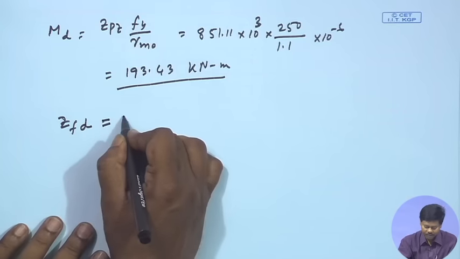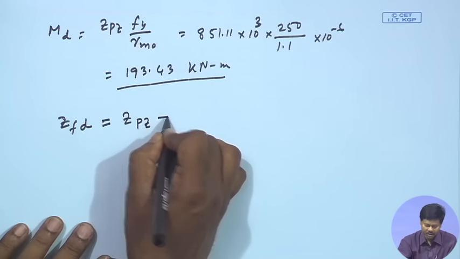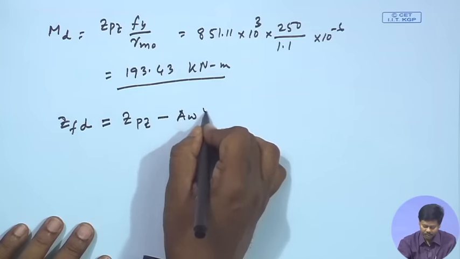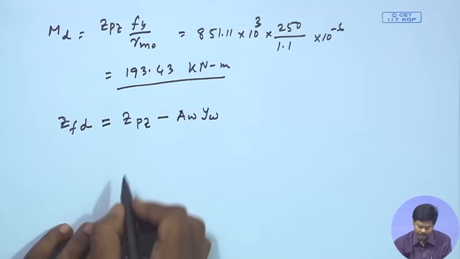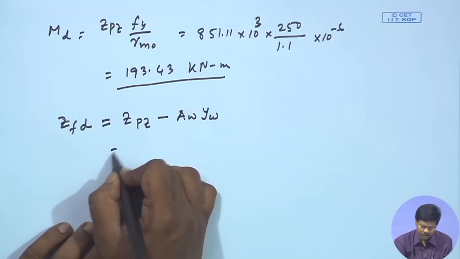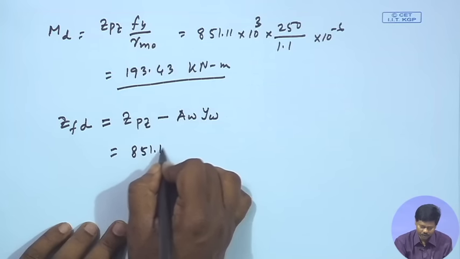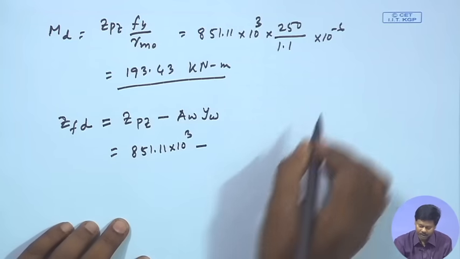So, the section modulus of the whole section is Zpz and the section modulus of the shear area will be Aw into Yw. So, for that we can find out as Zpz was given 851.11 × 10 to the 3. So, this is Zpz minus Aw Yw.